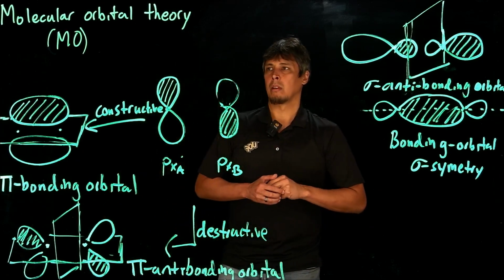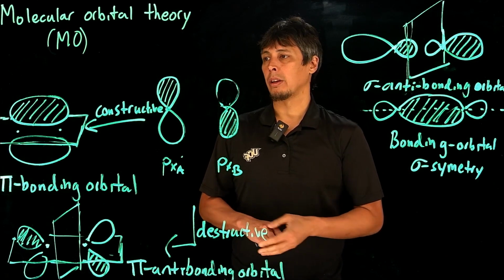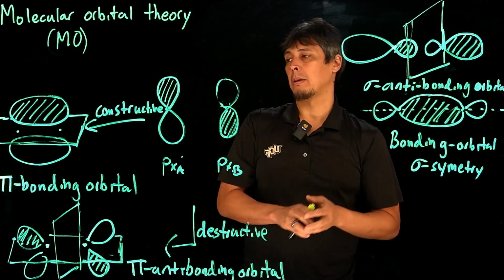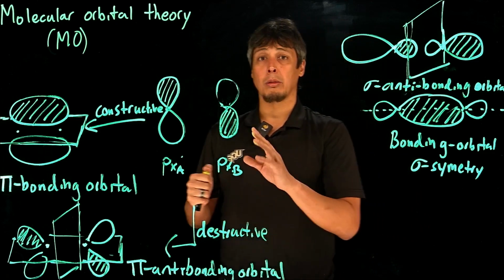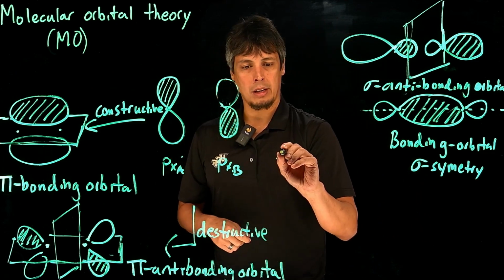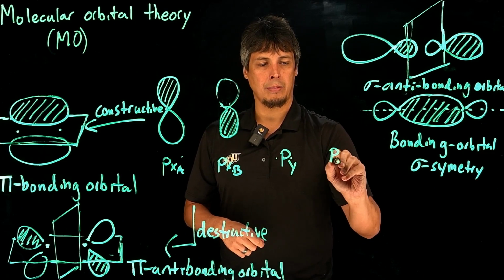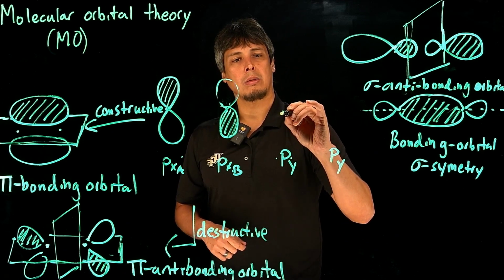In the next video, we'll discuss what the energies of those look like relative for the sigma bonding and antibonding orbitals versus the pi bonding and antibonding orbitals. One thing to remember here that we didn't consider is that there's also a py orbital.